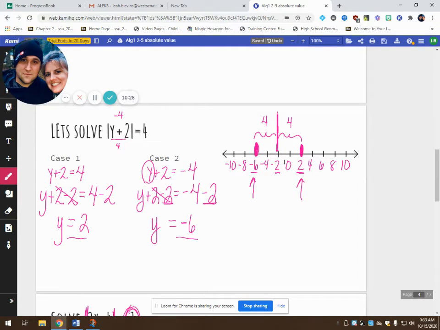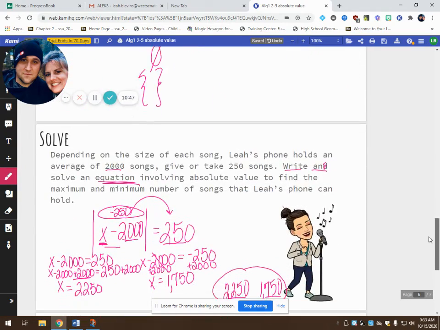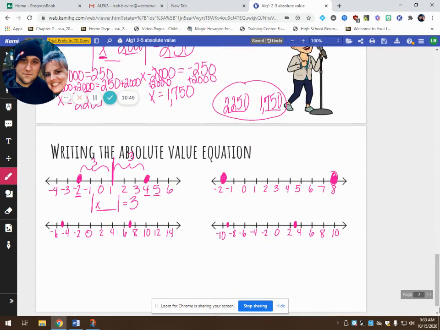Those were each 4 units away from -2. I want you to look at this. I had a +2 and I have a -2 here. It's very interesting that both of those are 2. So let's go back down here and look, and let's try to write an equation.